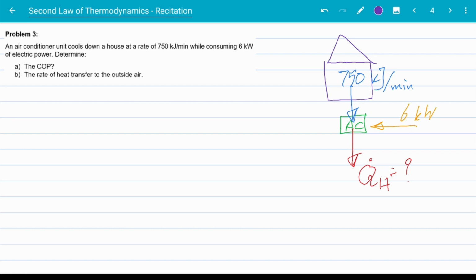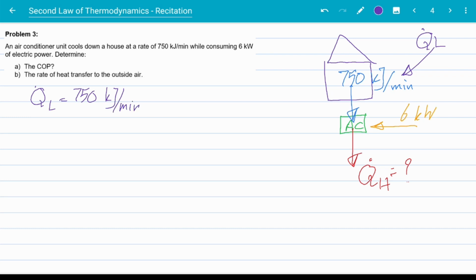Now, first of all, this is an AC unit, and you know that an AC unit absorbs the heat from the low temperature sink. So this guy over here is actually our Q dot L. Okay, so let's first make the unit into something useful. So Q dot L is 750 kilojoules per minute.